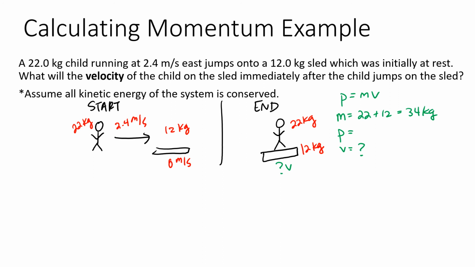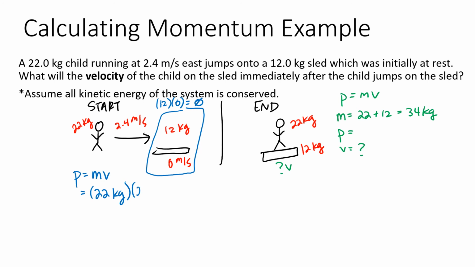So for the momentum of the start, momentum equals mass times velocity. Again, we're not taking this sled into consideration because its velocity is 0 meters per second. So that would just be 12 times 0, which is going to be 0. So we don't have to take that into consideration for the starting momentum. We just have to take into consideration the mass of the child, which is 22 kilograms, and the child's velocity, which is 2.4 meters per second.